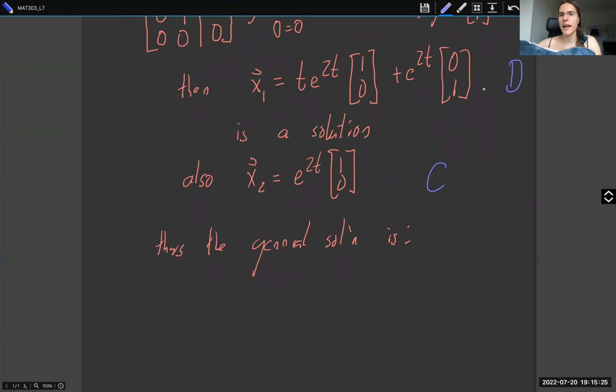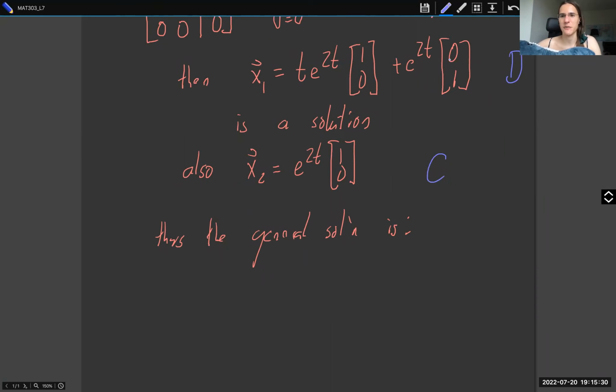I'm not writing multiplied by D, I'm just saying this is affiliated with C and this is affiliated with D. So we get C in the first component and D in the first component here. So x is equal to, let's put the constants first, C e to the 2t plus D t e to the 2t, and y is equal to D e to the 2t.